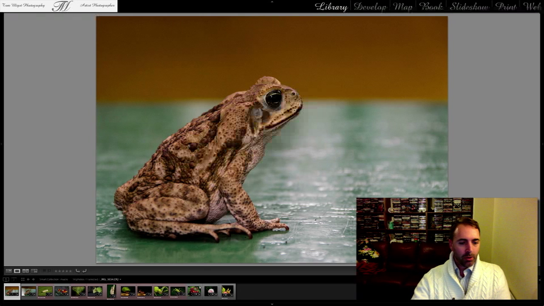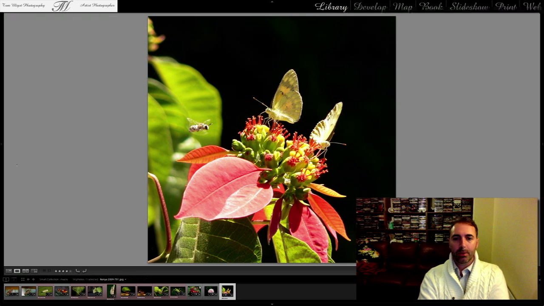Absolutely. I'm going to show you another example. Look at this picture here. We have two butterflies. We have a bee on the left-hand side, and we have that great flower. That was shot with a bridge Panasonic at the time. Maybe I used the macro mode, I don't know. But it's a built-in lens, so it's not a true macro.